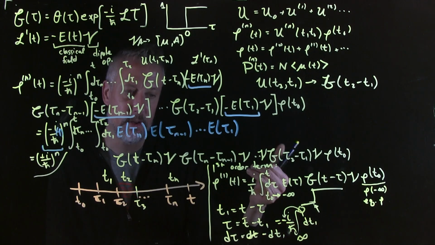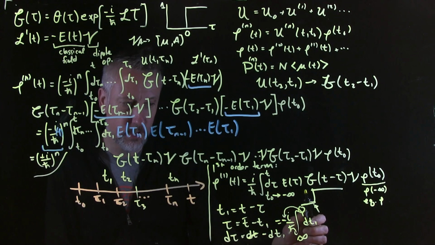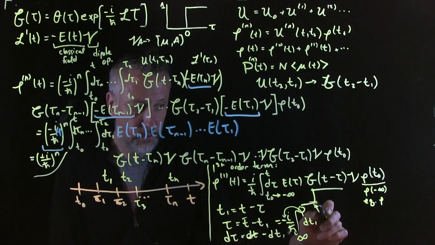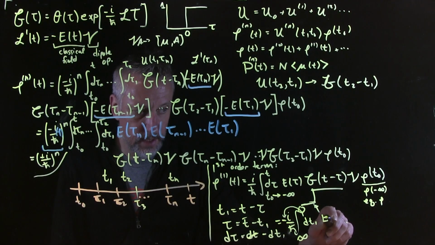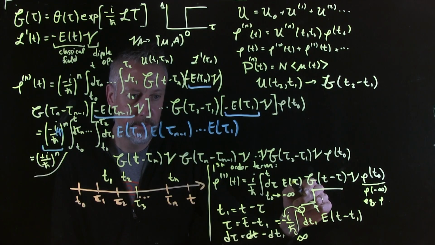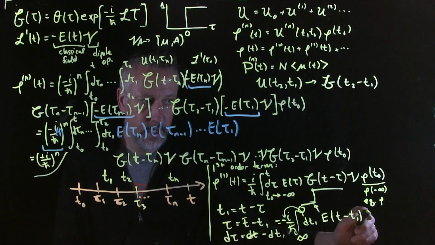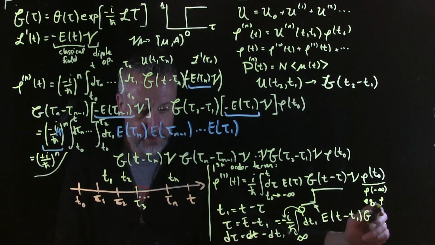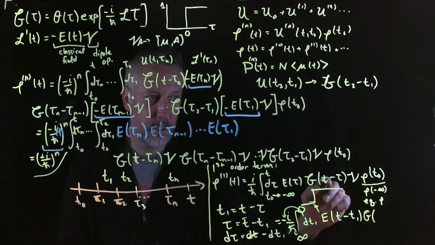You can see where this is going. In a minute, when we switch the order, we're going to change the sign. So we get this, and we end up with e of t minus tau, or t1, because we have tau here, and tau is t minus t1. Then we have the Green's function, and the Green's function is now t minus tau, and t minus tau we define to be t1.